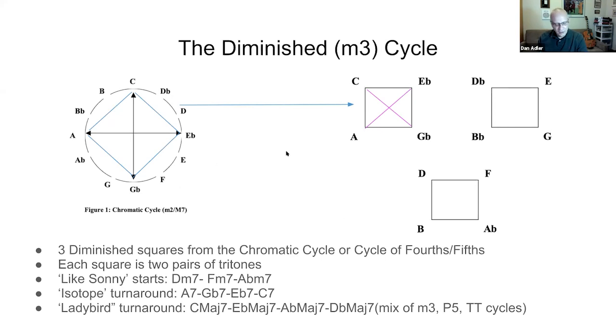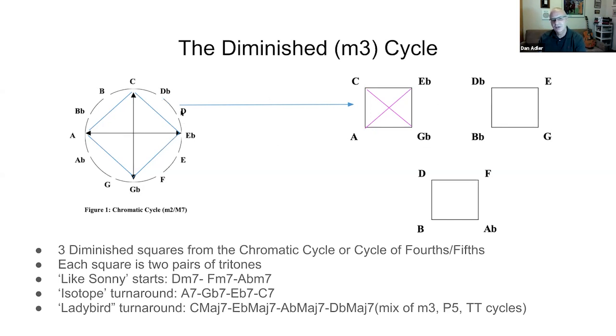So the next stop along this is the minor third or diminished cycle, and you can see this by creating a little square inside of that circle that we created before. And again, the north, east, west, south can extract them. And then when you turn that, which is again this kind of symmetrical operation, you turn it to D flat, you get the next one.